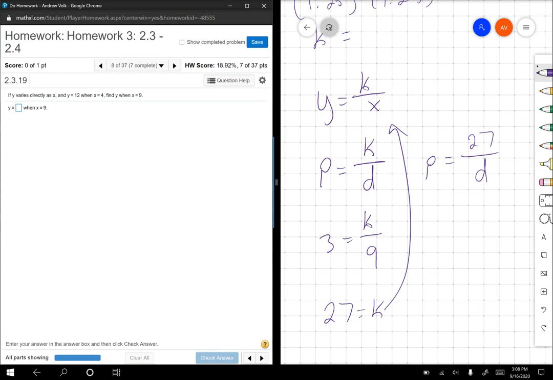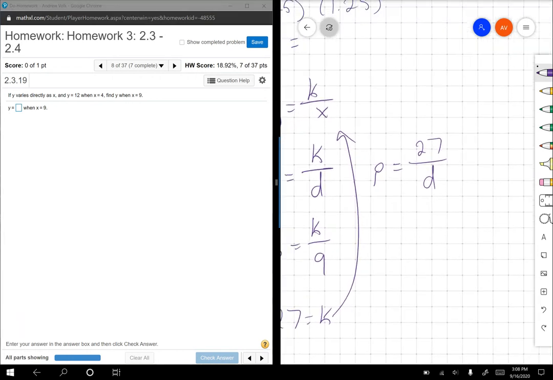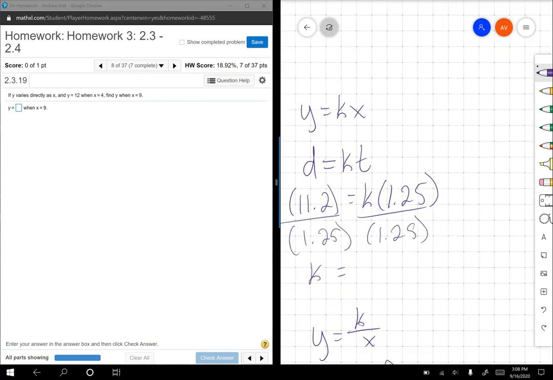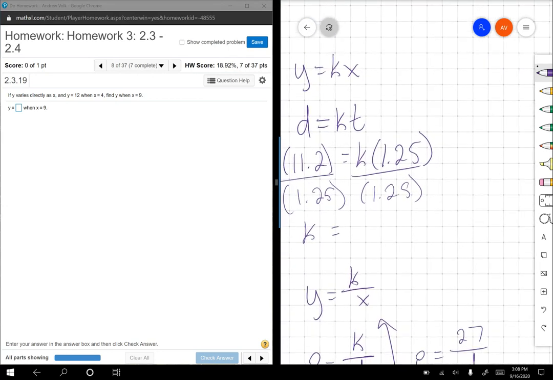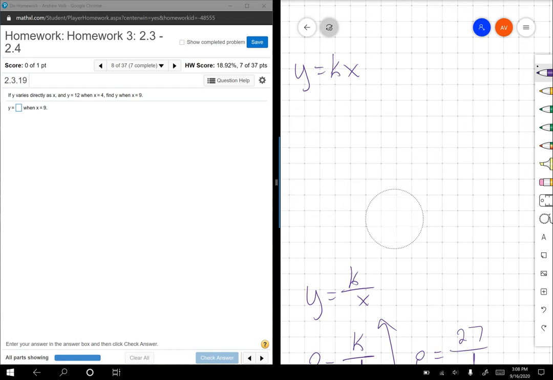All right, here's another one. It says y varies directly. Okay, so we talked about y varies directly means that we're going to have y equals kx. When we talk about this problem, we're going to plug in the y and the x they give us. When y is 12, the x is 4.